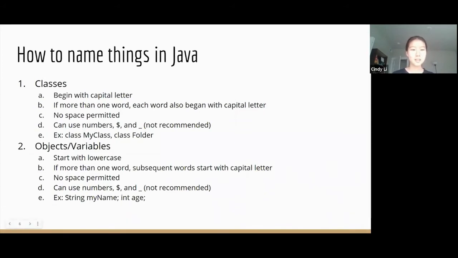Here is a string, myName. See, a string is a variable. In myName, the M in my is lowercase, the N in name is capitalized, and in age, the A is lowercase because it is the first word. If I have age1, age2, age would still be lowercase, with just a number 1 or a number 2 after it.